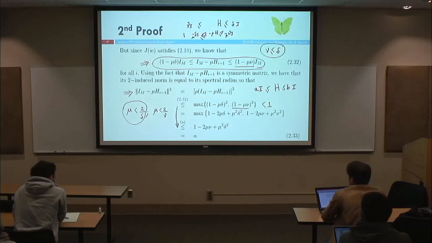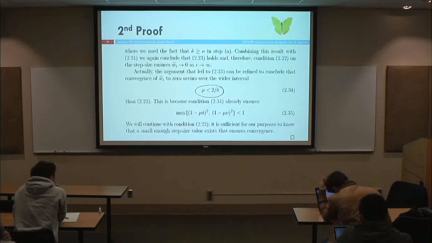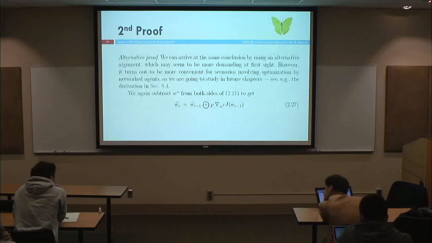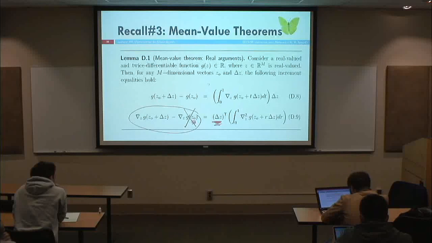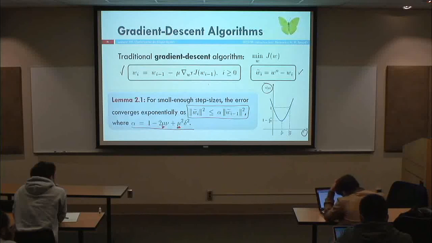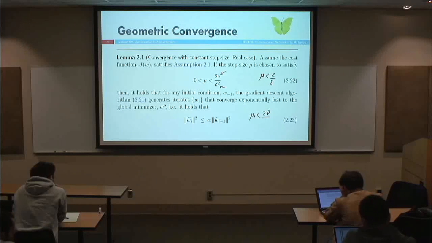So from this argument, you see that the bound on nu for stability is 2 over delta. Whereas if you go back to the statement of the lemma, I now got this, whereas the lemma was giving me this. Which one is a tighter bound?